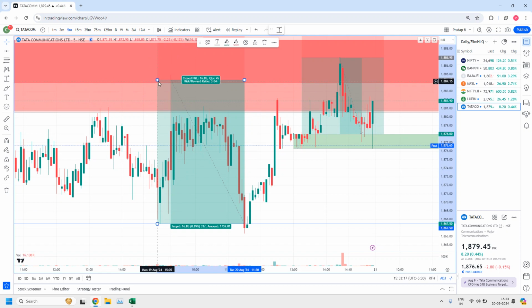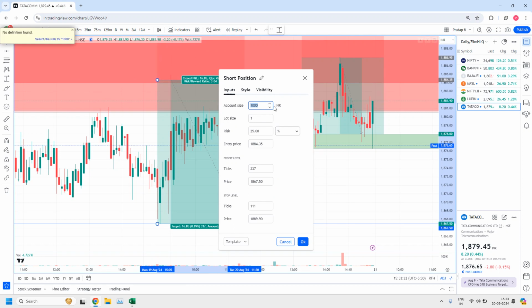Earlier, 1184.05 was your entry. Now, instead of 1184.05, your entry will be 1184.35 paisa. So as in this tool, 1184.35 is your entry price.